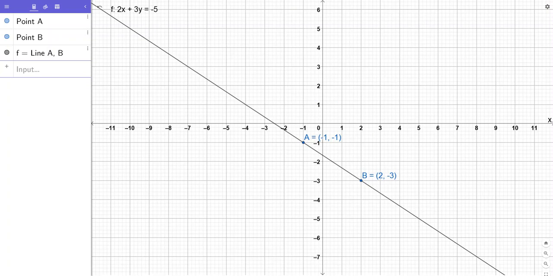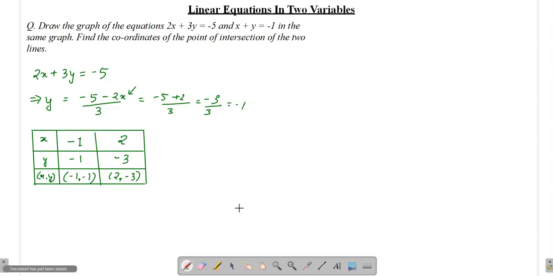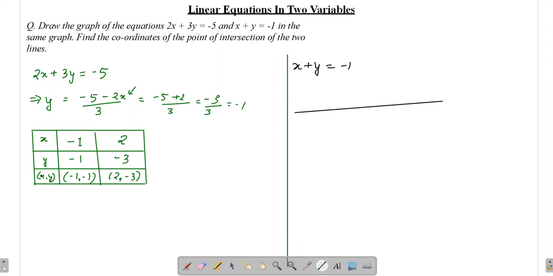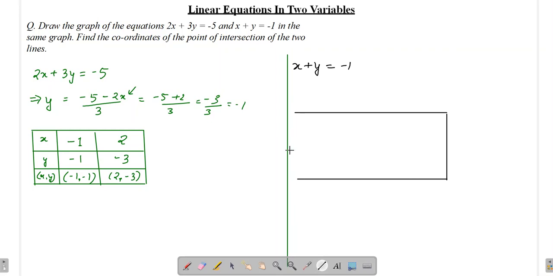Now in the same way we'll find the solutions for the second equation. Our second equation is x plus y is equal to -1. I'll just write the solution set for this. You are all now aware of how to find the solution. You need to write y in terms of x and then find the solution.